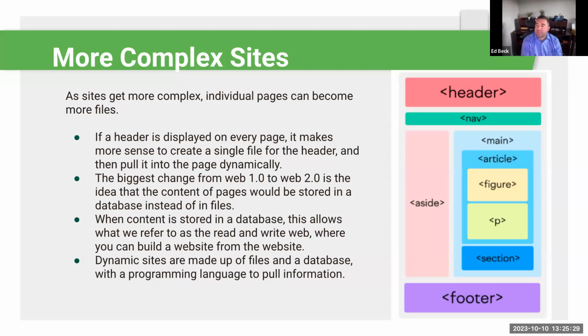The real big change between Web 1.0 and Web 2.0 was the idea that we added a database into the mix. Once you add a database, then the content of your page is stored somewhere else, and the database exists in here.